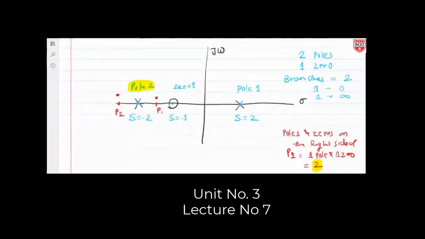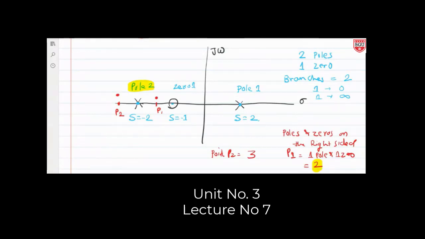How many poles and zeros on the right side of point P2? This is 1, this is 2, and this is 3. Means there are 3 poles and zeros.